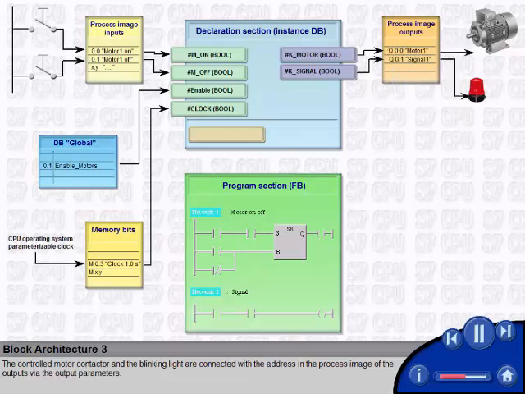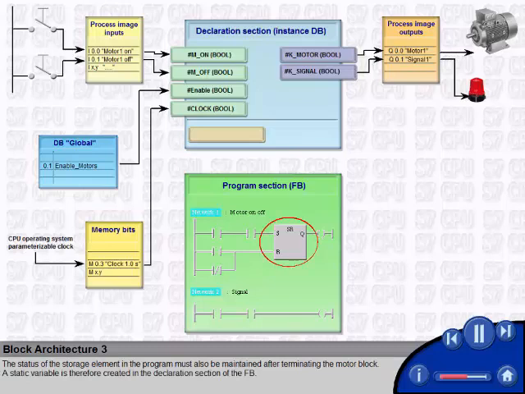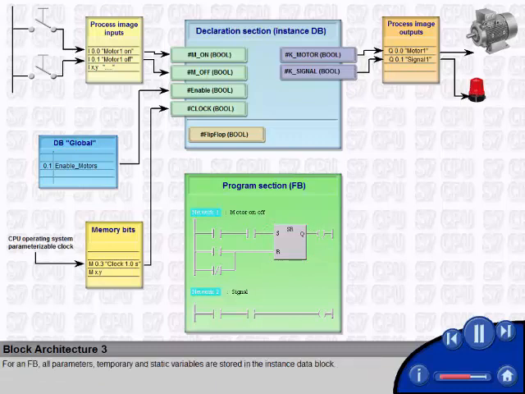via the output parameters. The status of the storage element in the program must also be maintained after terminating the motor block. A static variable is therefore created in the declaration section of the FB. For an FB, all parameters, temporary and static variables, are stored in the instance data block.